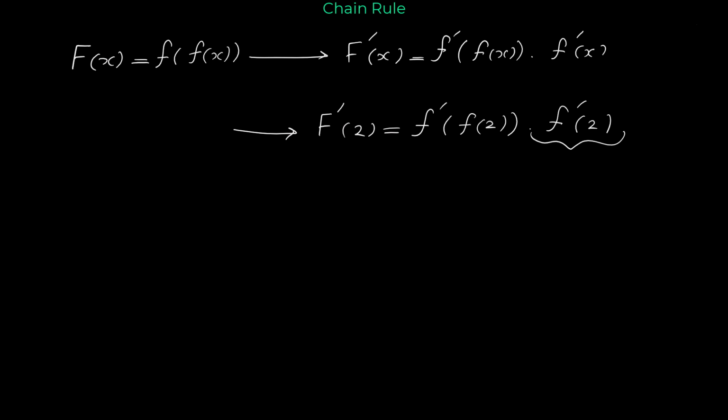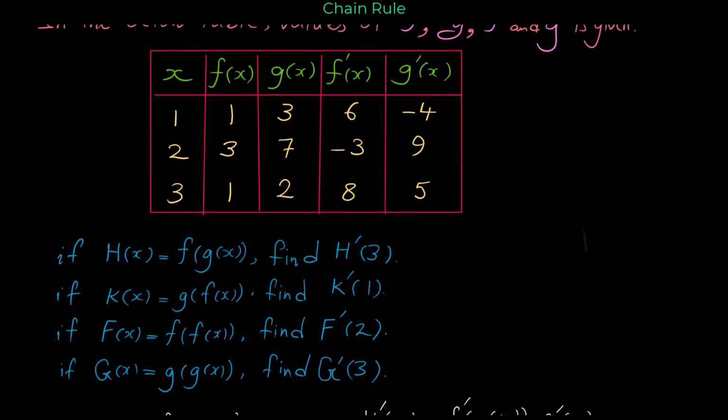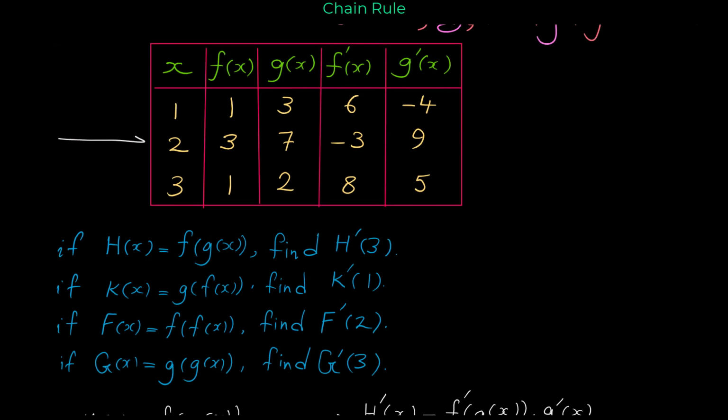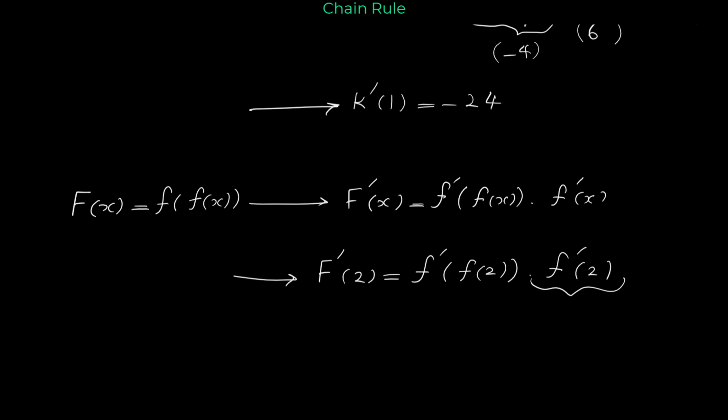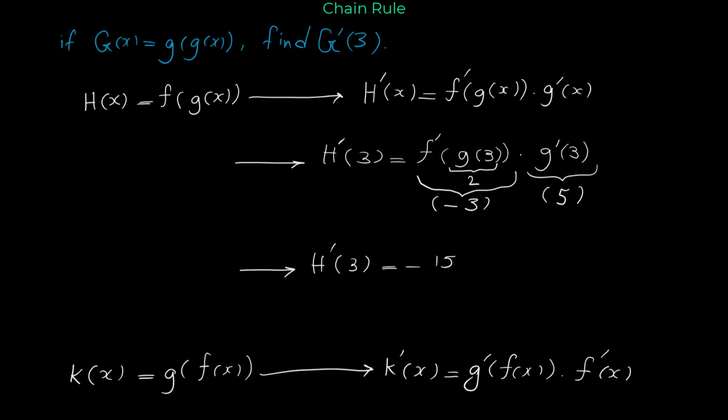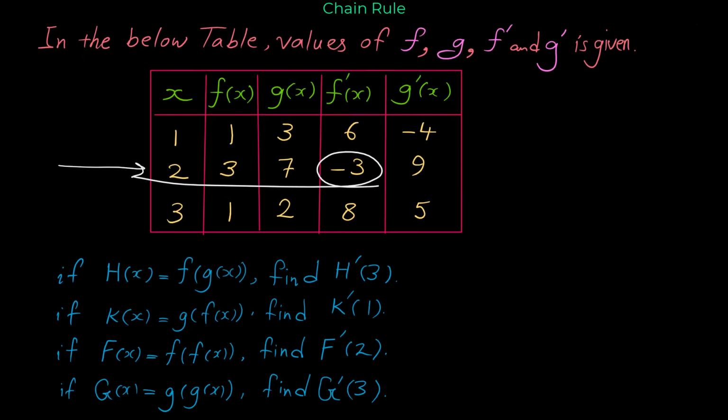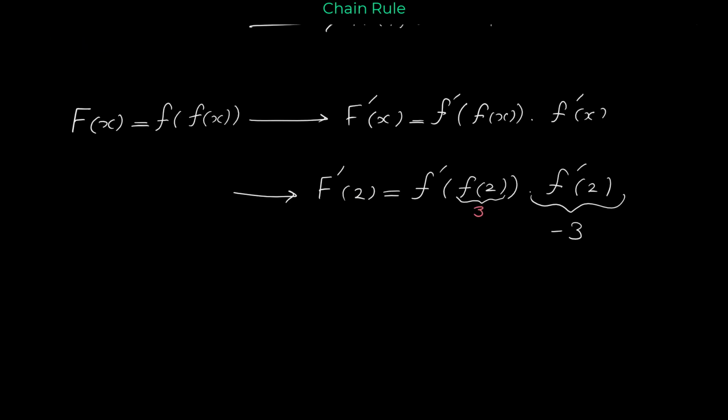First, let's see what f prime of 2 is. When x is 2, f prime is -3. So this value is -3. Let's see what f of 2 is. When x is 2, f of 2 is given as 3. So this value is 3.